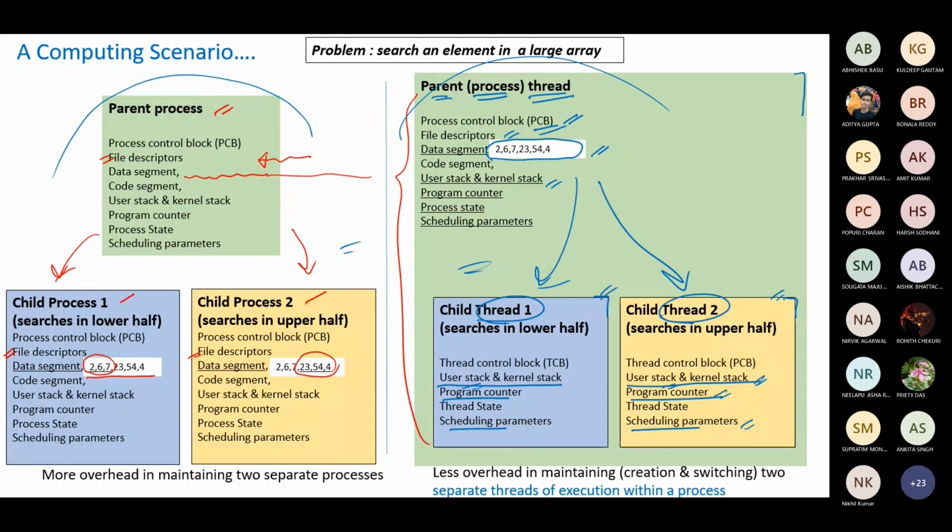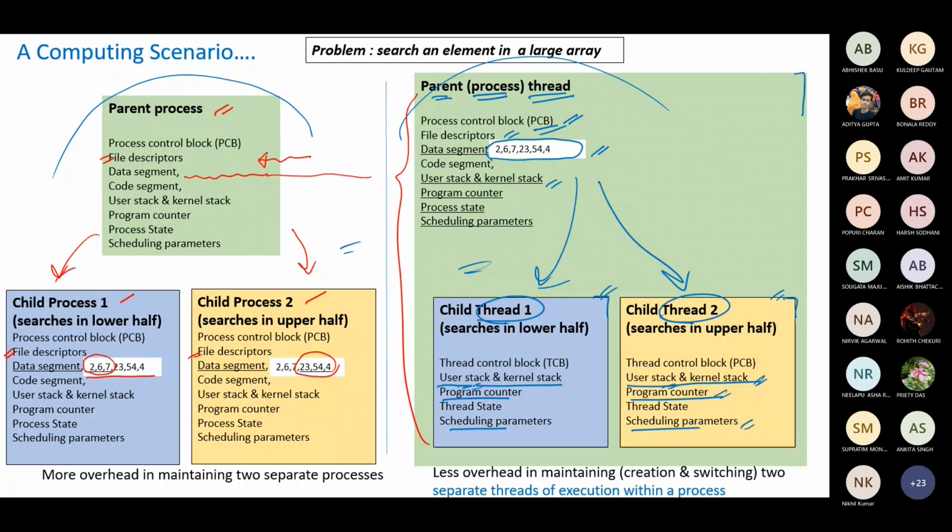The user level stack needs to be separated. Yes, sir. Whenever you are executing something, a user stack is essential. And if that execution goes to the kernel level, then it uses the kernel stack. So the stacks need to be isolated and separated, and each must have its own stack.